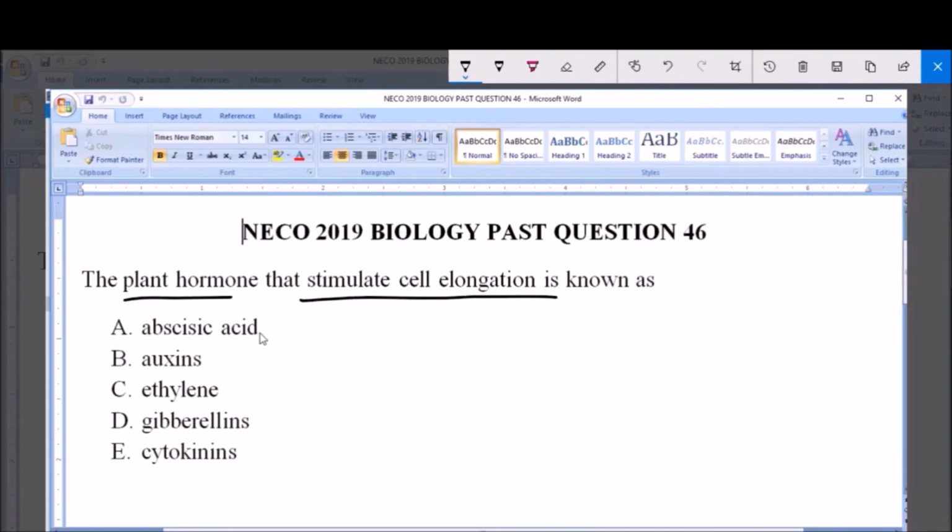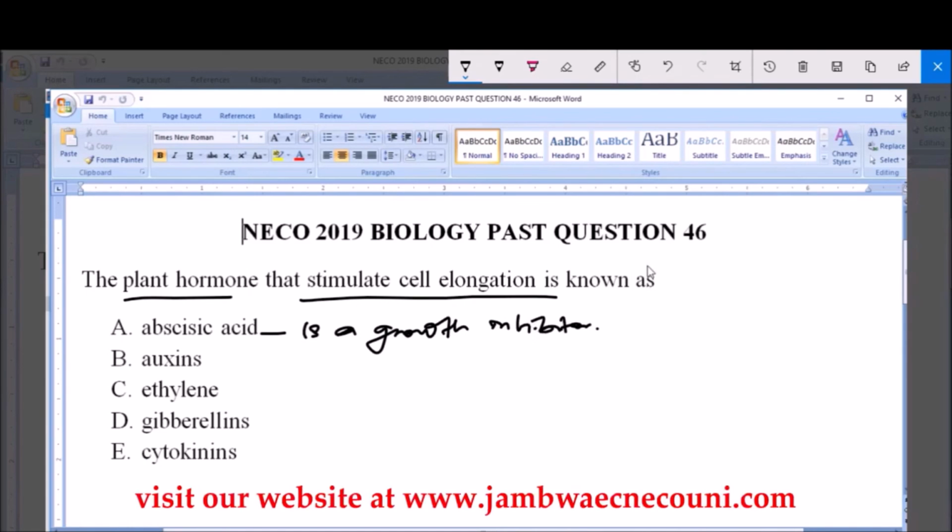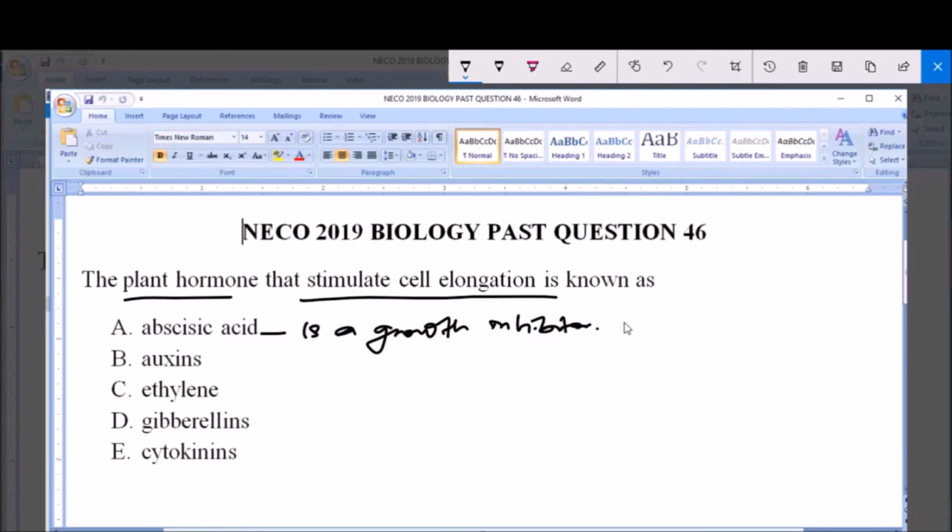Now let's check out the use of these hormones. A says abscisic acid. Now abscisic acid is a growth inhibitor, meaning that it inhibits growth and so therefore will not stimulate cell elongation. It also plays a role in abscission.